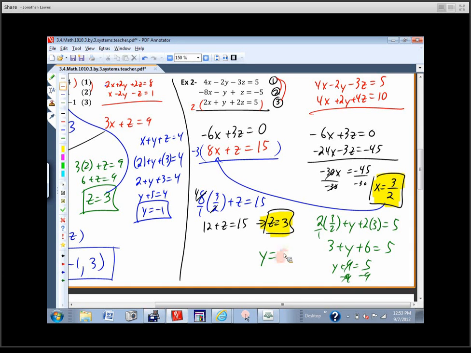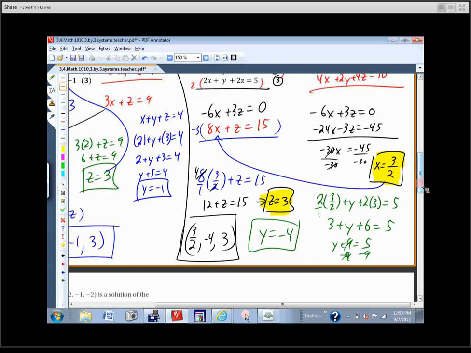Move that over by subtracting, and we end up with y equals -4. So even though the first one worked out to be a fraction, it still wasn't too bad to solve. Am I done? No. 3 halves, -4, 3. There is our solution to our system of equations.